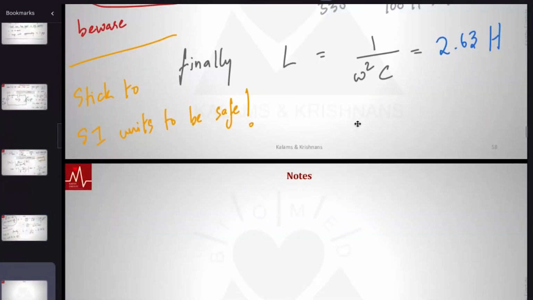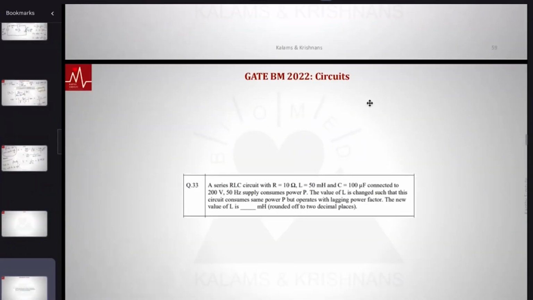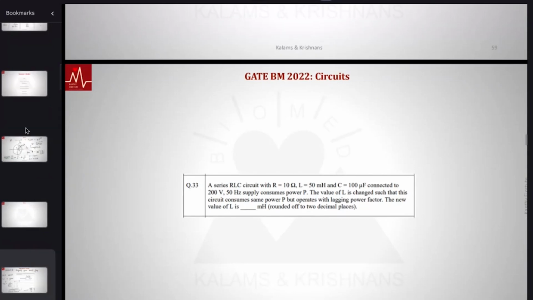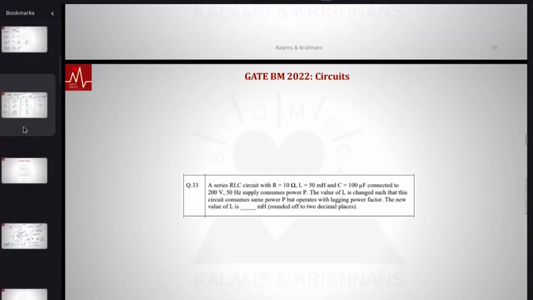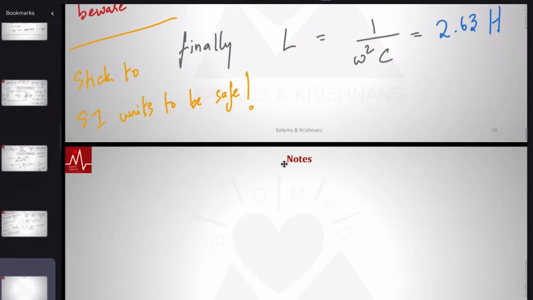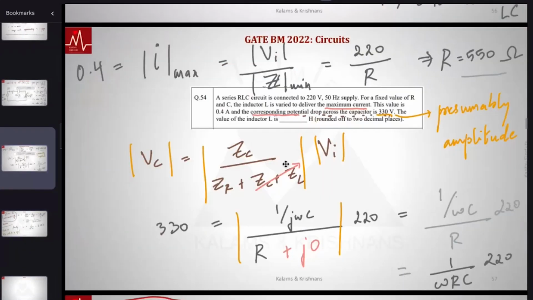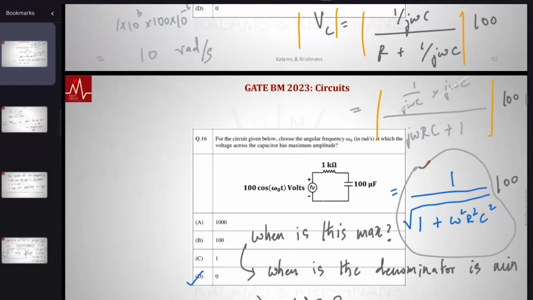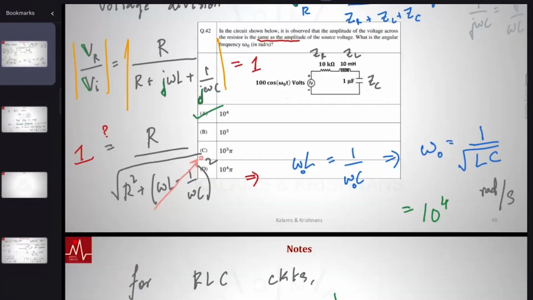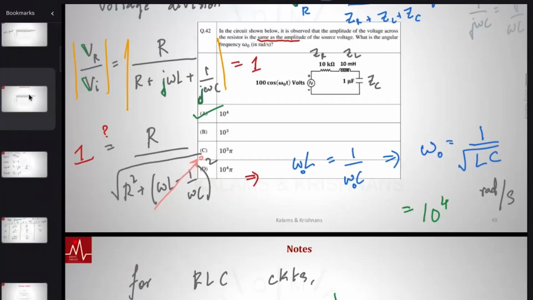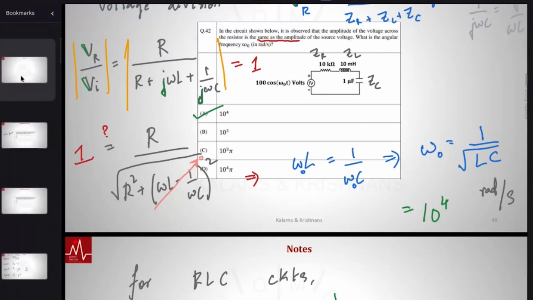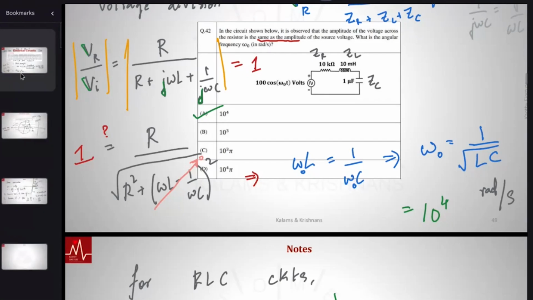Question 8. A series RLC circuit with, hey, so some of you said second order circuits are problematic, right? But notice the number of second order circuits that we have been solving. This is a second order circuit. This is a first order circuit. This is a second order circuit. The idea is, if you use impedance, there is no distinction between first order and second order.